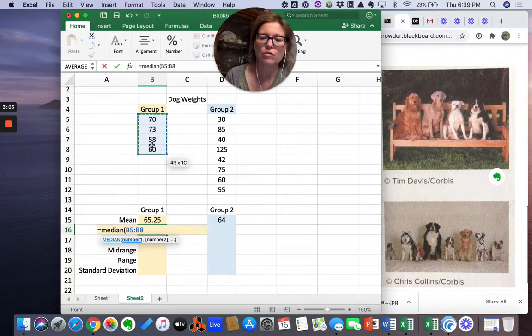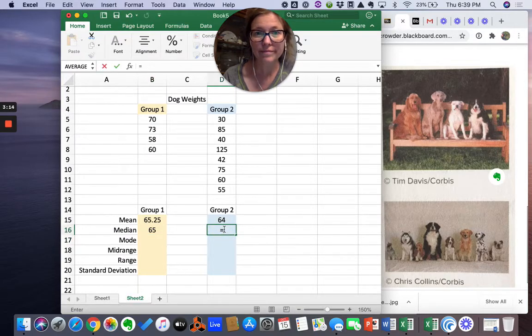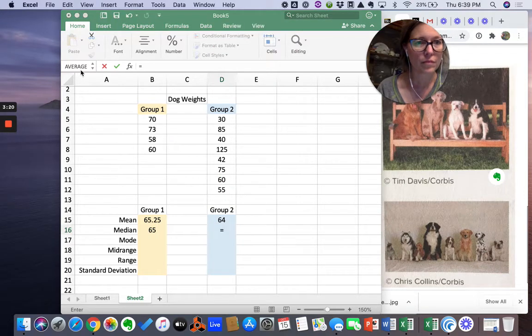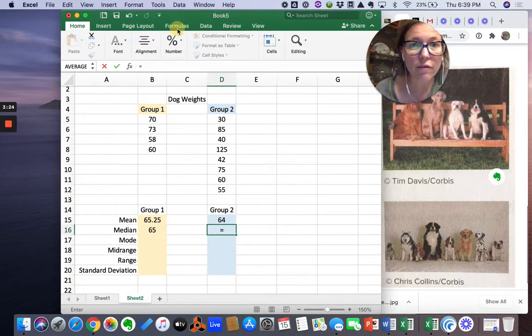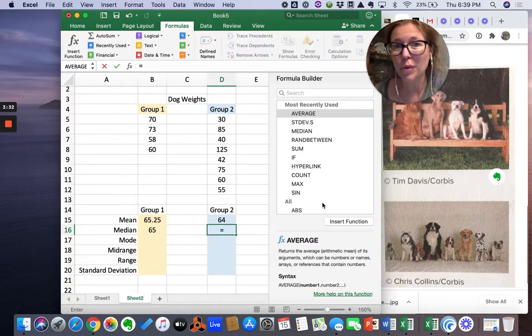I'm going to choose the range I want, and there it is. Or I could go here again and look, or I'm going to click on formulas, insert function, and that'll pull that thing up again.